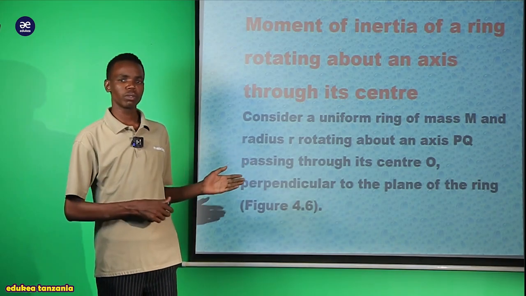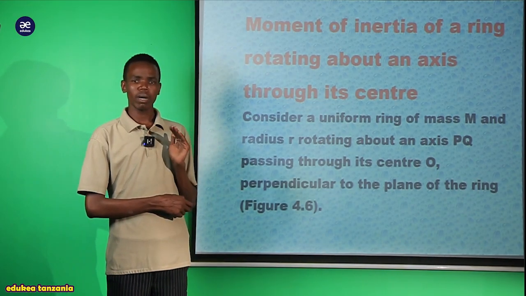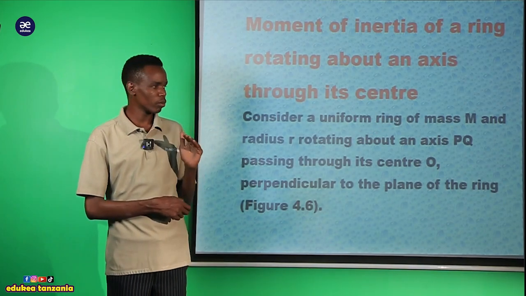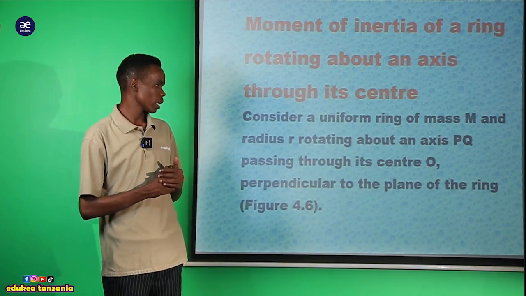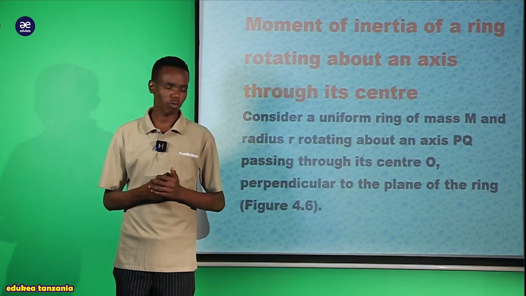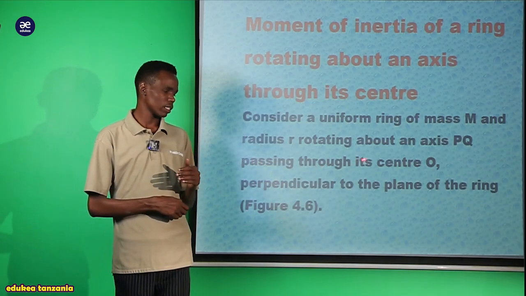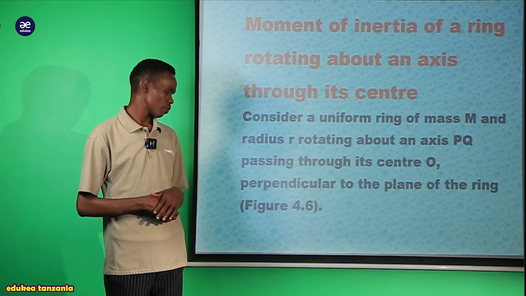So let us observe our statement here: consider the mass of a uniform ring, which is m, and also the radius, about an axis PQ passing through its center O, perpendicular to the plane of the ring.